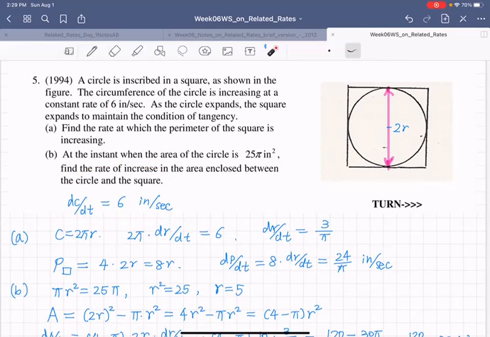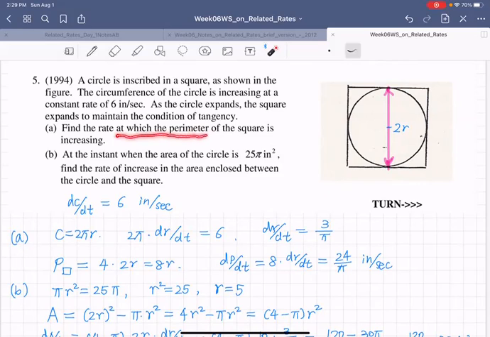Next, as the circle expands, the square expands. So they tell you they keep being tangent to each other, okay? So if this circle is pushed outward, the square is also pushed outward and they're still touching each other.